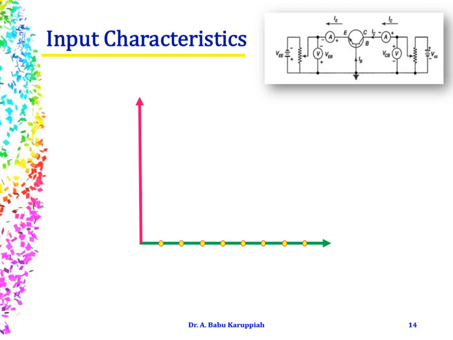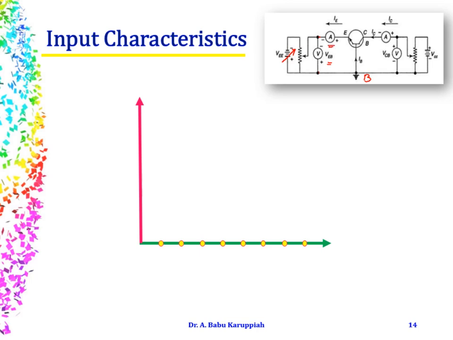Now we will try to understand the procedure first. What do we do? We change the input voltage and measure the voltage across this emitter and base. The base is the common terminal here. So we change the input voltage and measure the voltage in this voltmeter and we note down the corresponding current here.